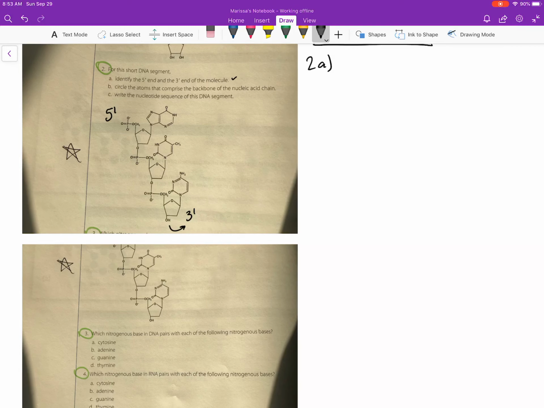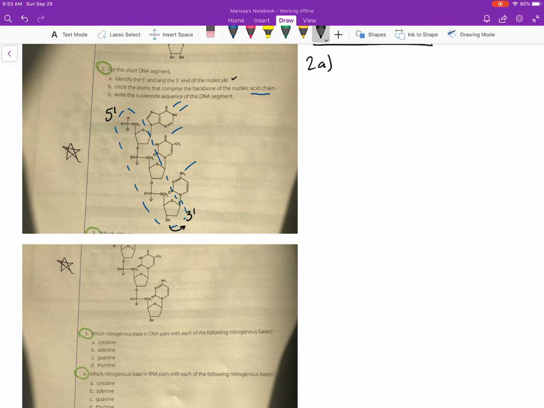Then it says, circle the atoms that comprise the backbone of the nucleic acid chain. If we think back to our double helix, we said that the sugar phosphate was the backbone. So we have to circle the sugar and the phosphates without circling the bases, because the bases are what's going to participate in our complementary pairing. I did this with blue.